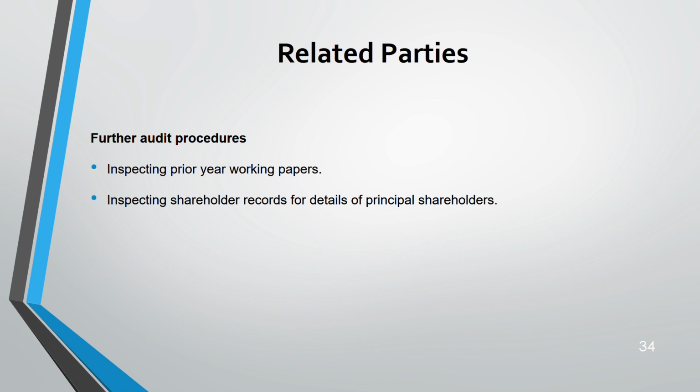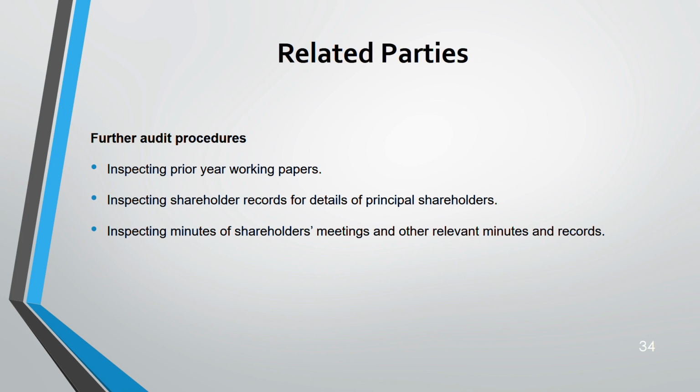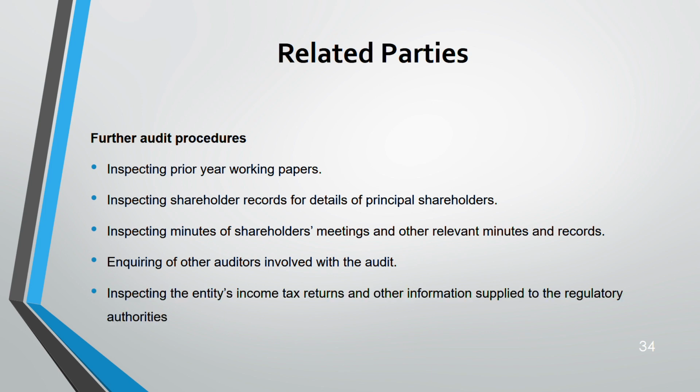Next, inspect the shareholder records for identifying the principal shareholder. Then, third, inspect the minutes of shareholders' meetings. Inquire of other auditors involved with the audit. Inspect the tax return, the income tax return.